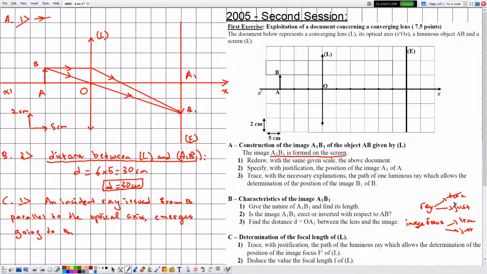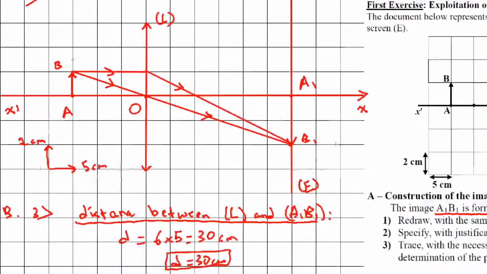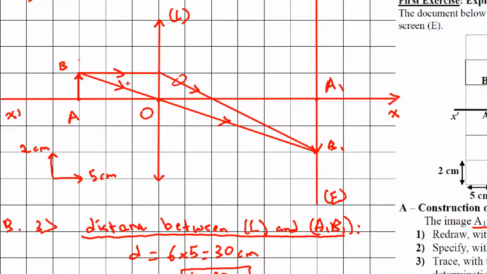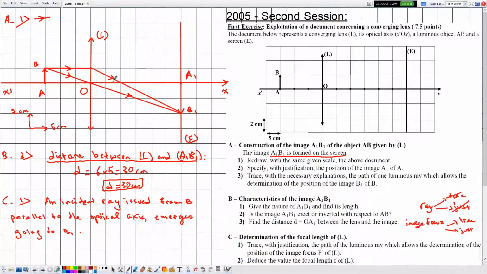So this is the justification of the ray. Now let's trace and justify the image focus. Because this emergent ray corresponds to this incident ray, which is parallel to the optical axis, so this emergent ray will pass through the image focus, and we know that the image focus belongs to the optical axis. Then the image focus will be the intersection of this emergent ray with the optical axis. So this is the tracing of the image focus, which is denoted by F prime.